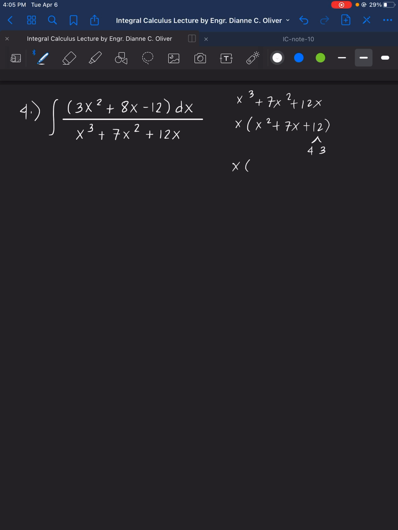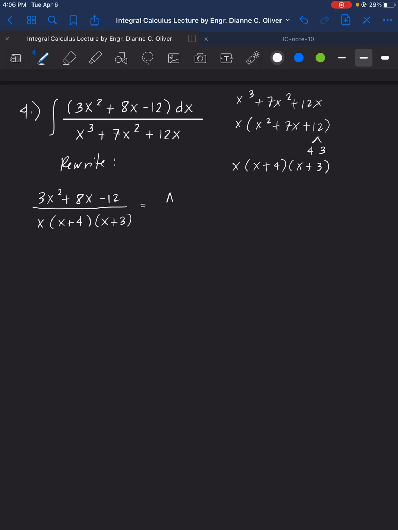So x plus 4, x plus 3. Rewrite. So this is rather longer than the previous ones. So 3x squared plus 8x minus 12 all over x plus 4, x plus 3.